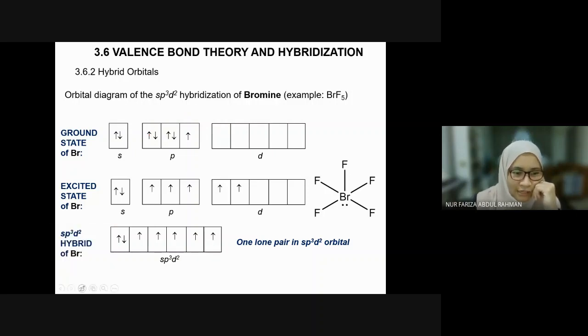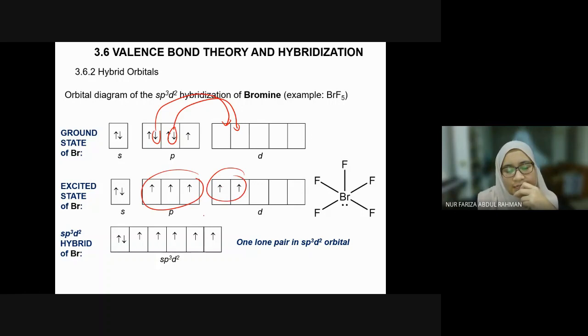They are excited, so they become like this, single, and then you have to combine. It undergoes hybridization, so this is the final hybrid orbital.